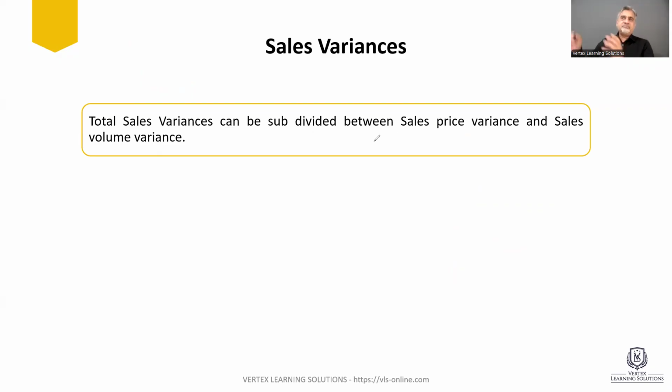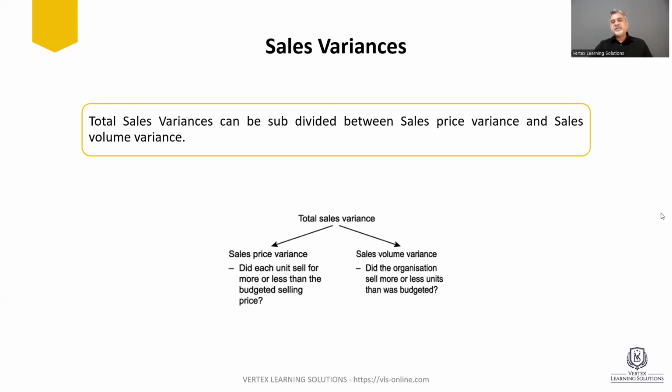Price means that I did not achieve my sales target because I sold at a low price, or I could not achieve my target because I sold fewer units, which is volume. So sales price variance asks: did each unit sell for more or less than the budgeted selling price? And volume variance is about the quantity: did the organization sell more or fewer units than it budgeted?